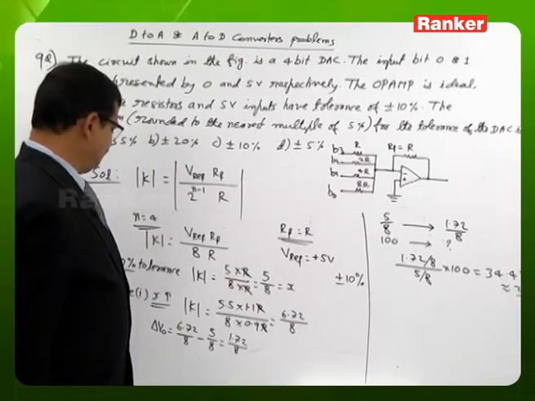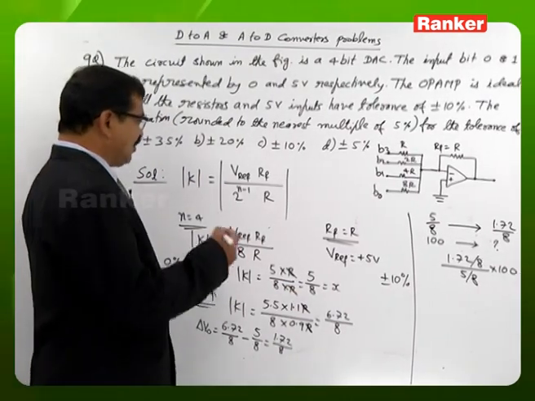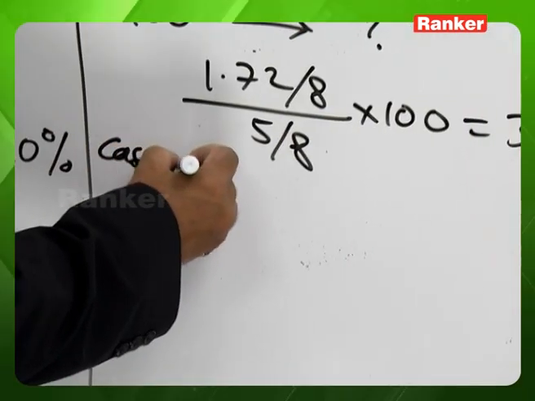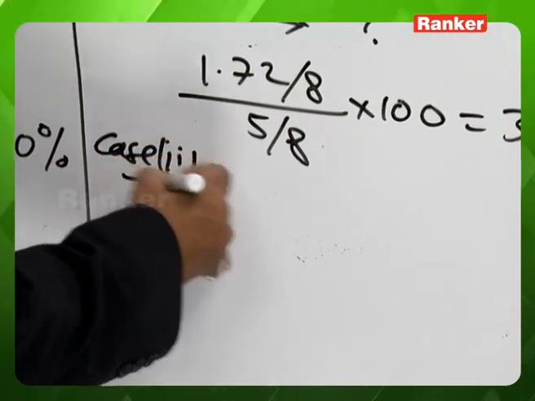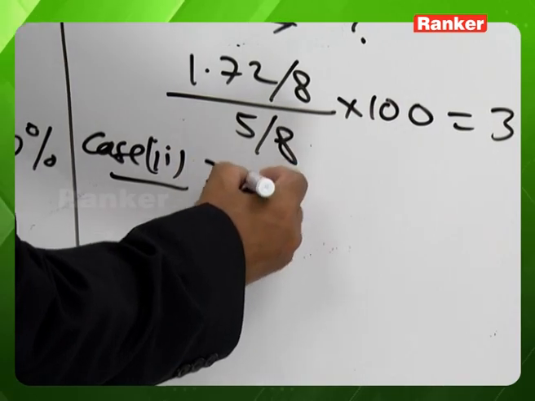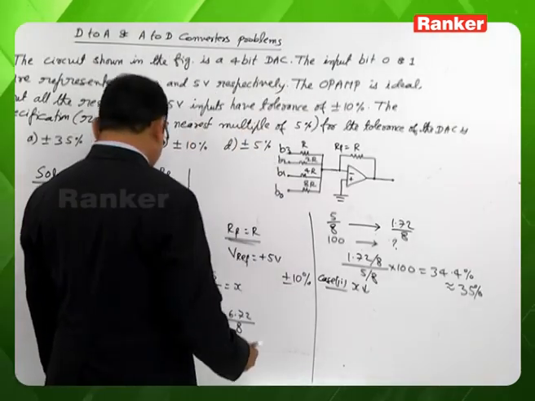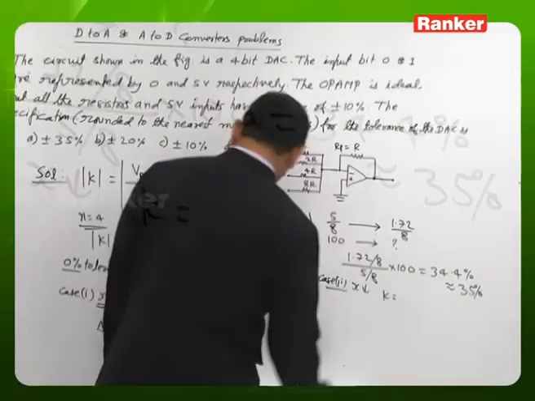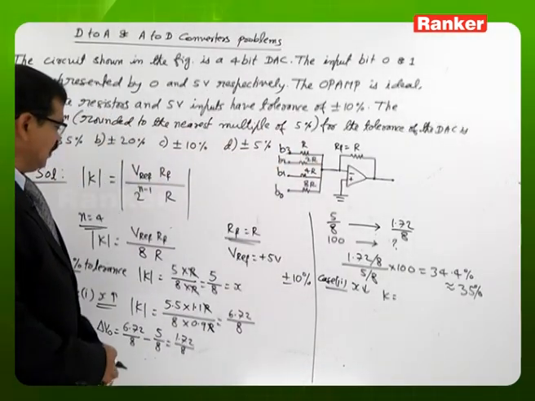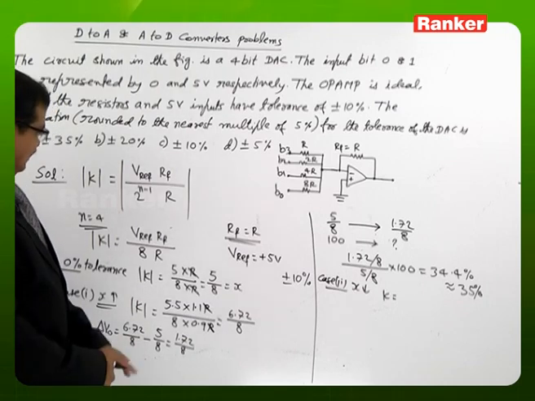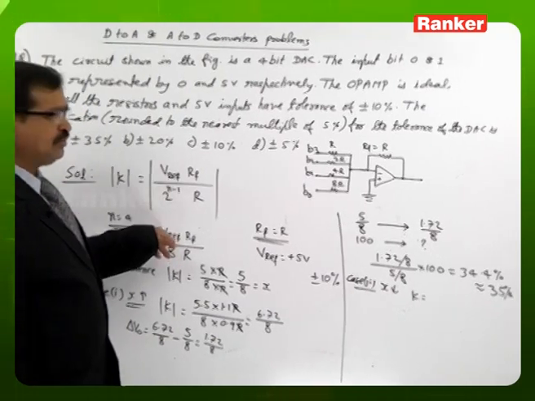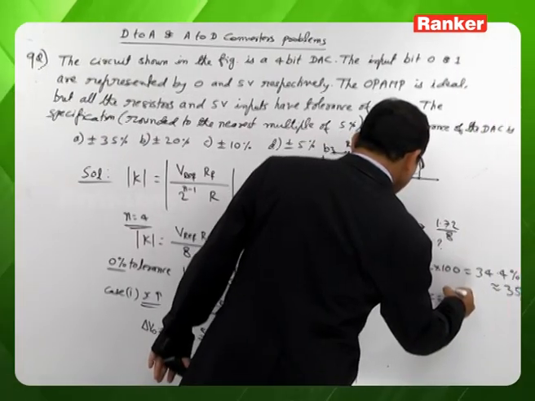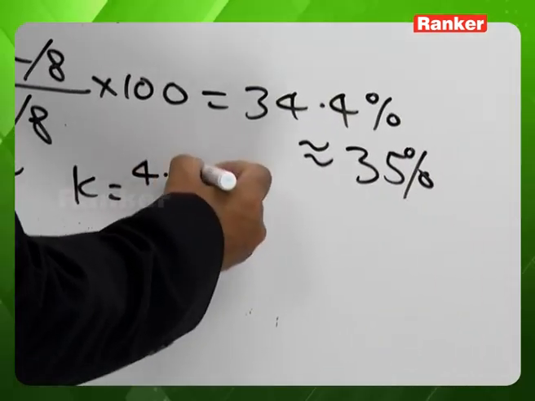So this is one case. The other possibility is case 2. We are looking at K being the lowest possible. For the lowest possible K value, the V reference must be on the lower side, which means it must come to 4.5.